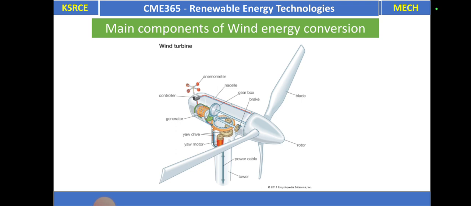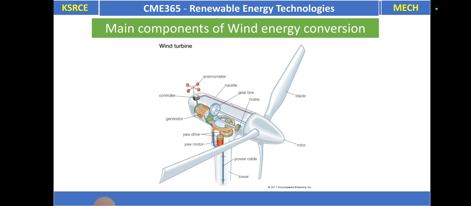A system of blades fixed on the tower is rotated by the wind to either produce mechanical work or electrical energy. The nacelle includes gearbox, low and high speed shaft, generator, controller and brake. It is placed on the top of the tower and it is connected to the rotor.